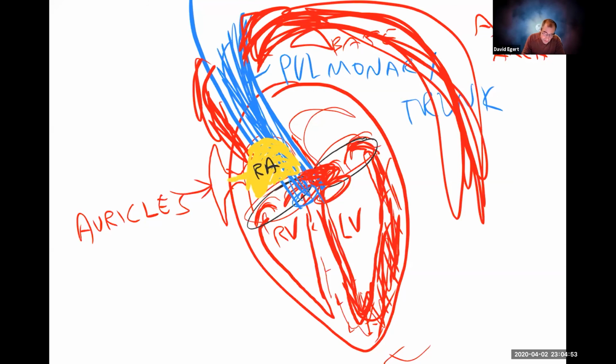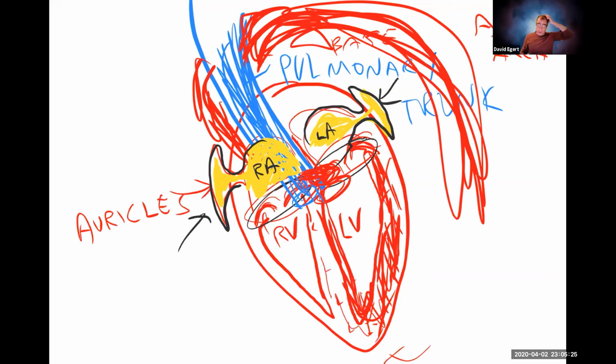There is this little thing that just expands and makes this little extra expansion pouch, a weird little sac-like thing that looks like an ear on the heart. You have the same thing on the other side with the left one. So we have an auricle on this side and an auricle on that side. So when you look at the heart and wonder what those are, that's what they are.